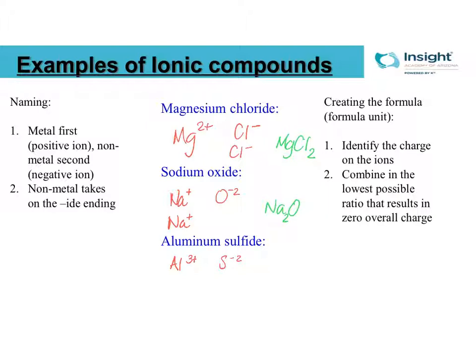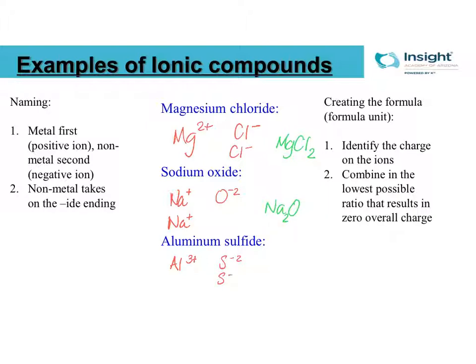Now, if you're really good with numbers, you might be able to pick out the ratio right off the bat. But if numbers aren't your strong suit, work your way slowly through this. All right? I see that we have +3 and -2, so I have excess plus. So I definitely need to increase my negative.